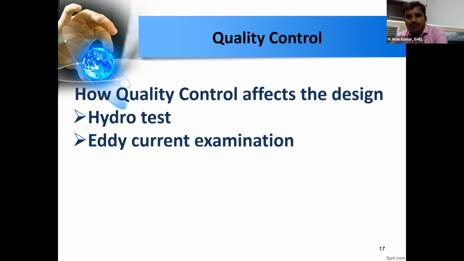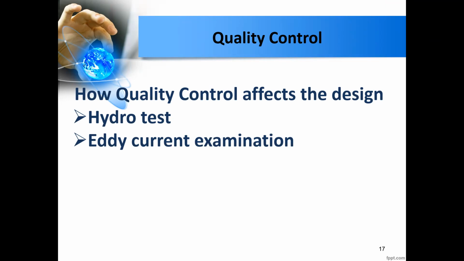Here our design is very optimum, so it doesn't reveal any percentage wall loss in the subsequent eddy current examination, but it reduces the thickness of the material. So the design thickness is coming down.